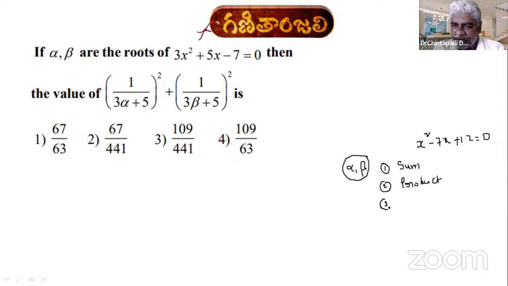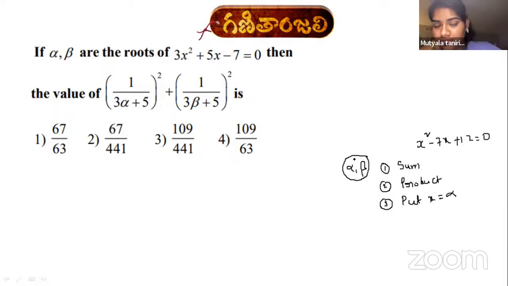Third thing, we can substitute x equal to alpha, because alpha is a root. Alpha is a root means alpha satisfies that equation. So we can replace x by alpha.